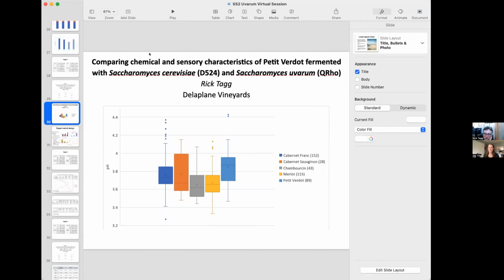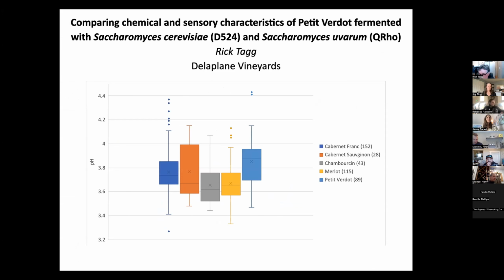Okay, well, our experiment was on Petit Verdot, and we have a block of Petit Verdot, just about an acre, at a satellite vineyard on Leeds Manor Road in Markham. And basically Joy told me that I had to do it, so I did it.